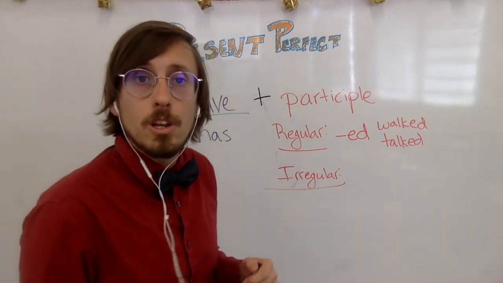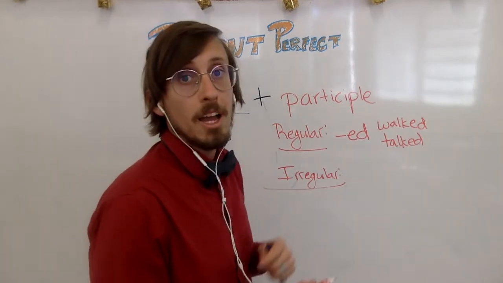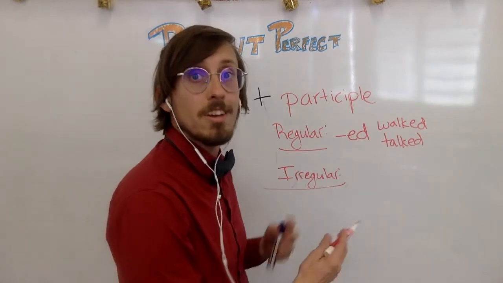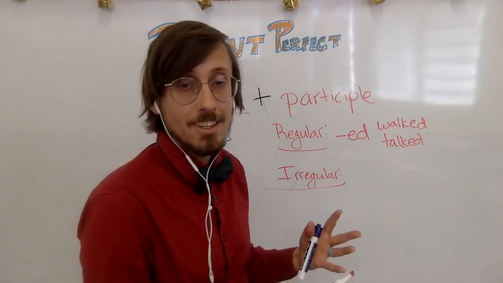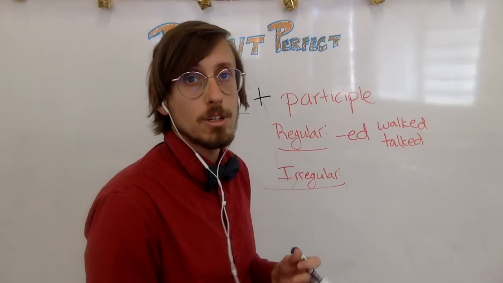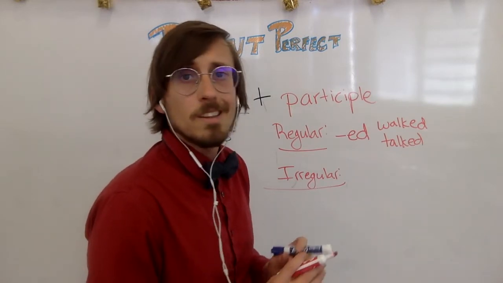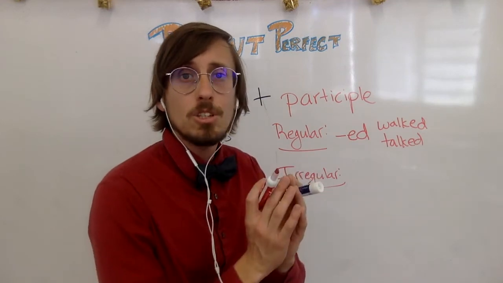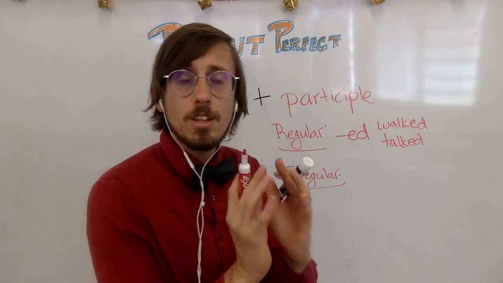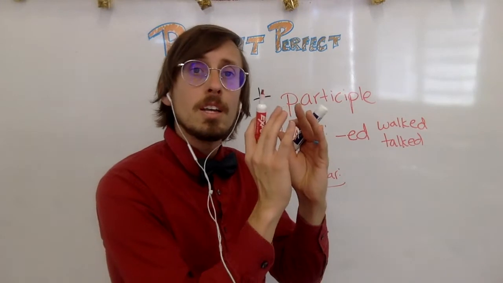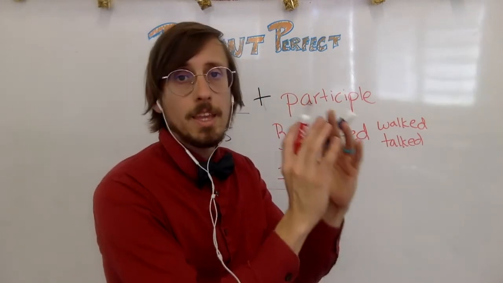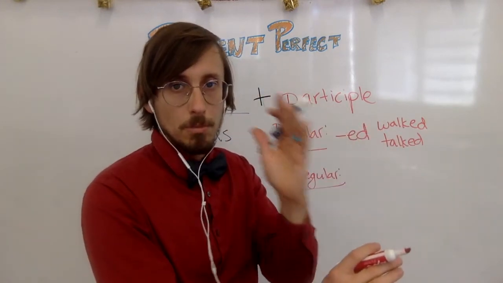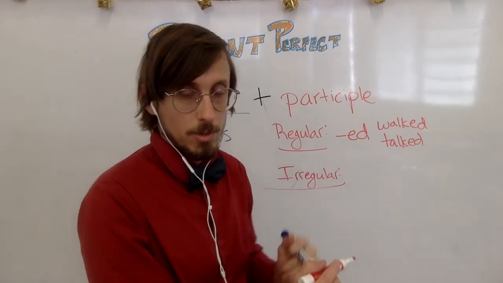Well, to learn those irregulars, I have two big suggestions. One, find a list. Find a list of irregular verbs. You can go on Google. You can find videos that talk about irregular verbs, and they usually show the infinitive, the base form, the simple past form, and the past participle to compare the different forms of these irregulars.